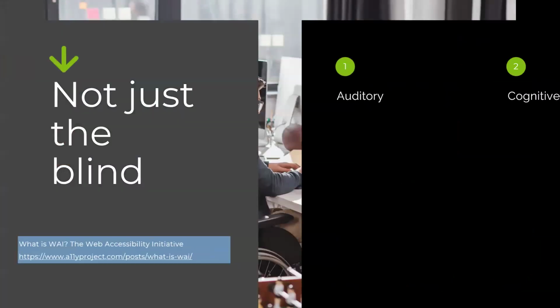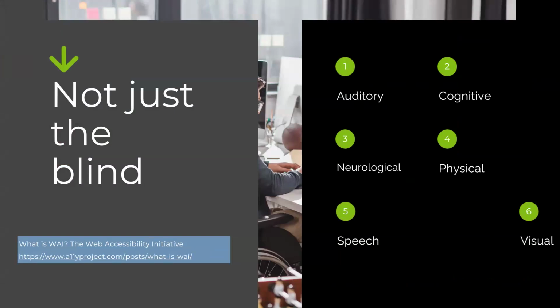So again, not just the blind, and it can get very easy when you start digging into fixes, for example, for web accessibility problems, to think that the only people that we have to address are people who are blind or maybe have low vision or other kinds of visual disabilities. In fact, there are 5 other categories of people with disabilities.